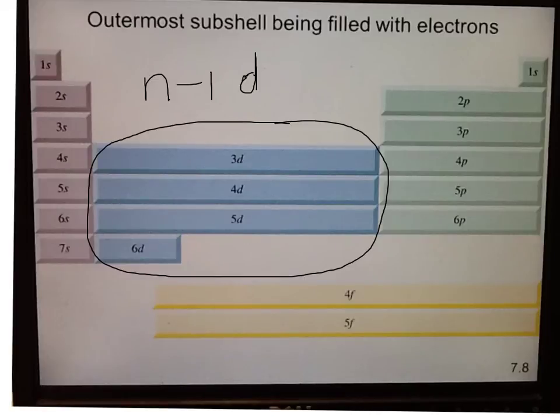So if we're in the fourth period here, we're filling the 4s here, we're filling the 4p here, but these transition metals in the middle are filling the 3d. You can see that the energy level is of the period before, or n minus 1.